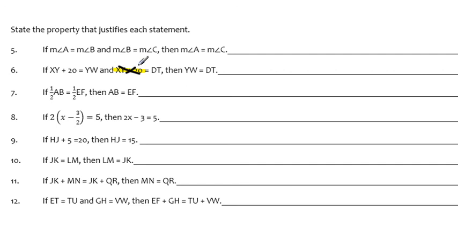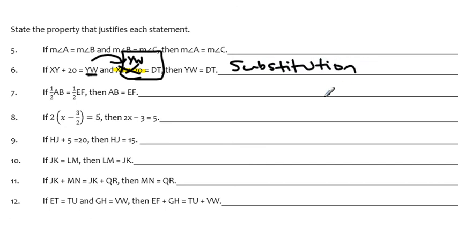So I can take this xy plus 20 and replace it with yw. That's how I end up with yw equals dt here. So what I've done is I've replaced xy plus 20 with yw, and that's substitution.